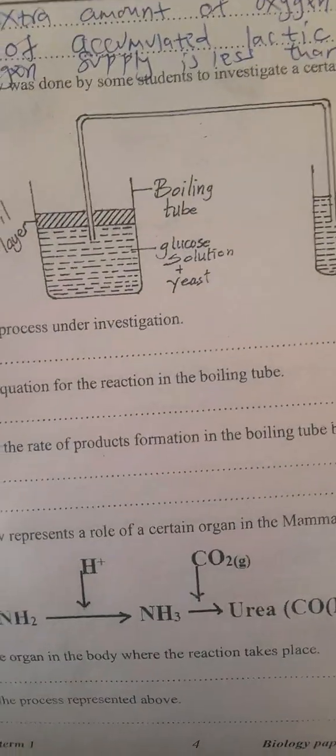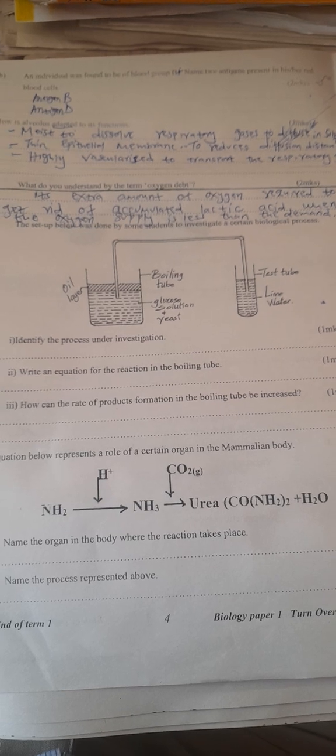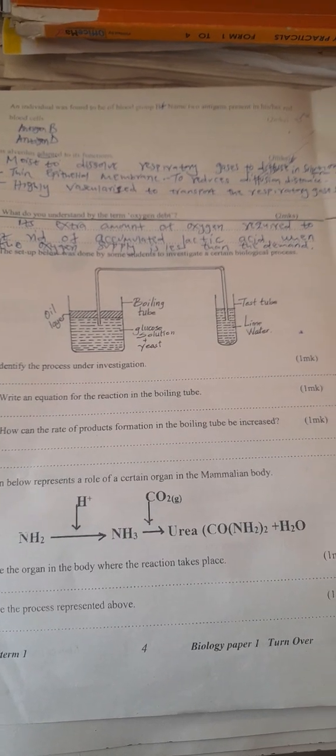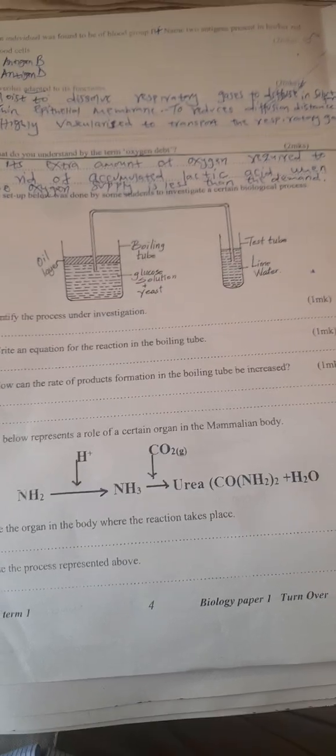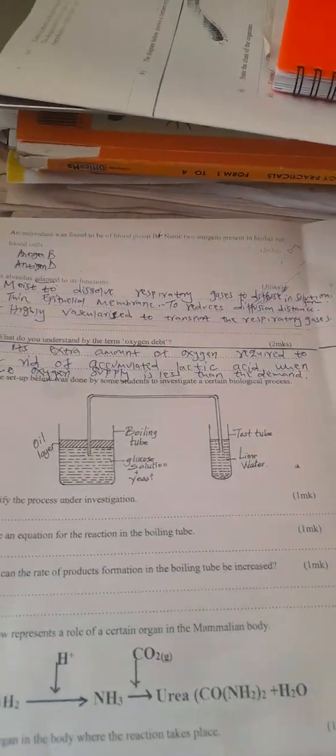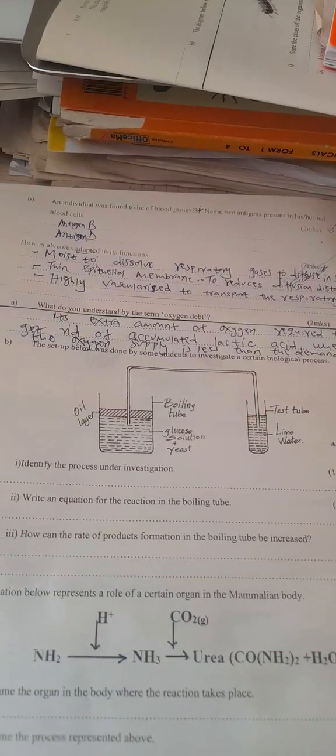So from this point now, we discuss this other one. You are given a question here, and the question reads, the setup below was done by some students to investigate a certain biological process.